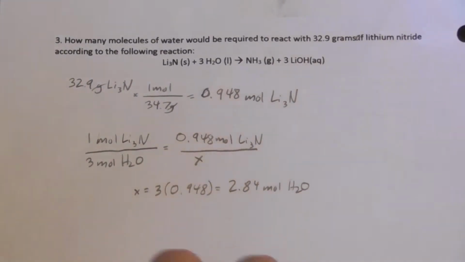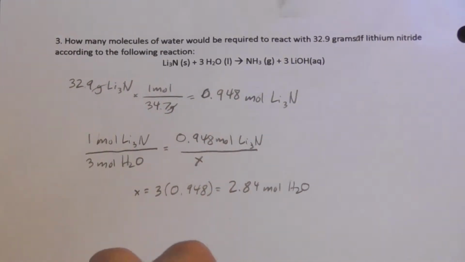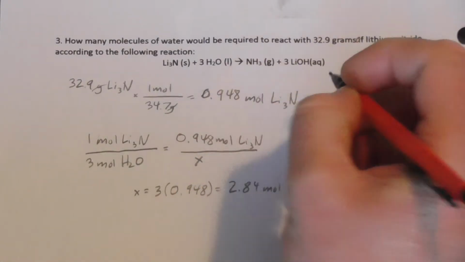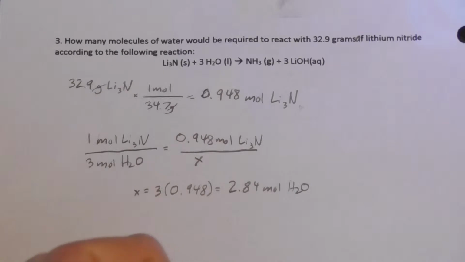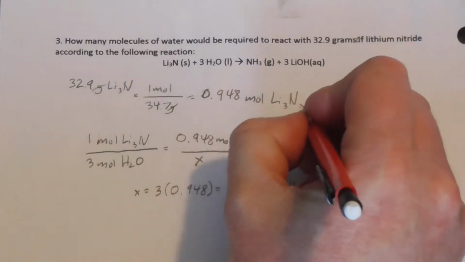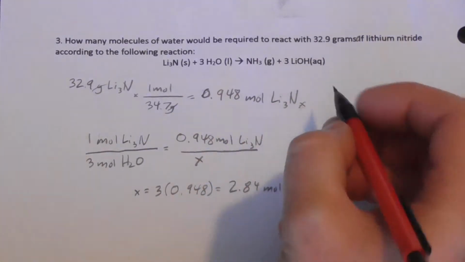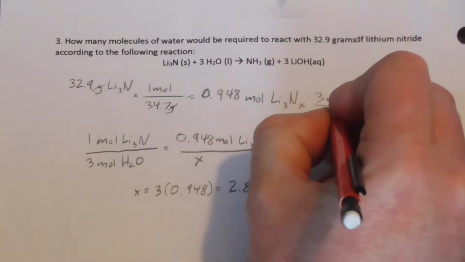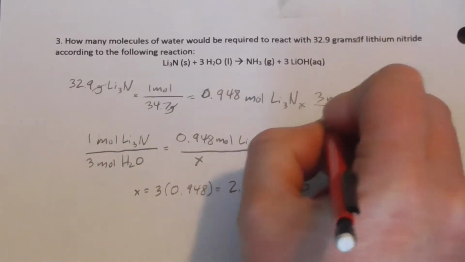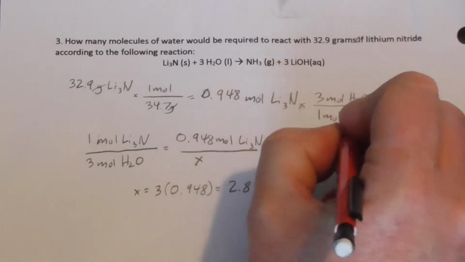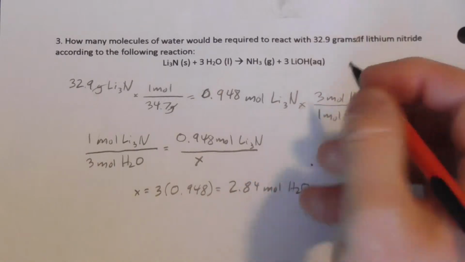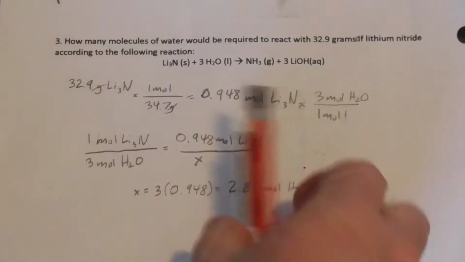Now again, remember that's not the only way I can go about this. I can do it a different way. I can multiply this with my mole ratio. So it would be times 3 moles of water over 1 mole of lithium nitride. Lithium. I think I need a new pencil.